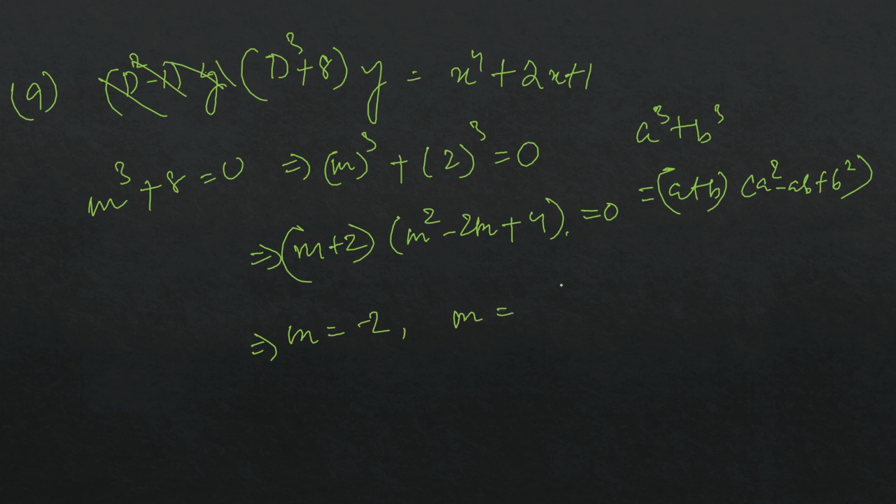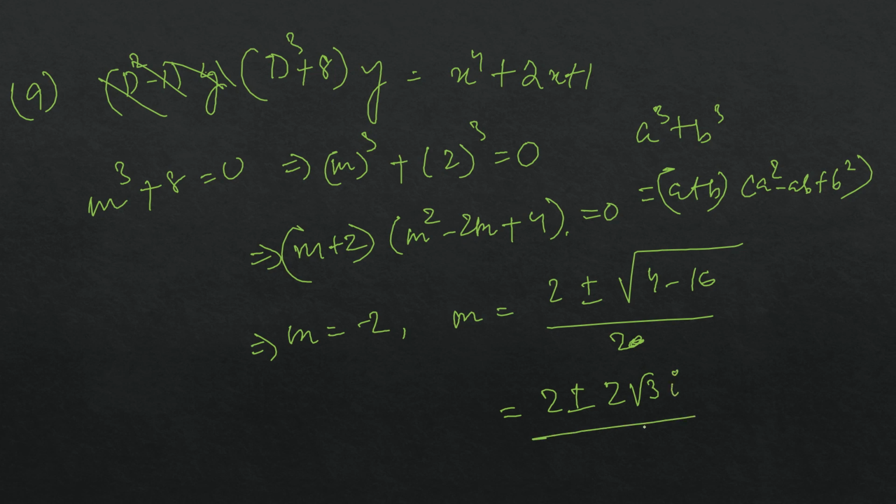This m is equal to 2 plus or minus root of b square minus 4ac, I mean 16, over 2. 2 plus or minus root 12, that is 2 root 3 i, over 2, so 1 plus or minus root 3 i. Yeah, so these are the values. One value is minus 2.